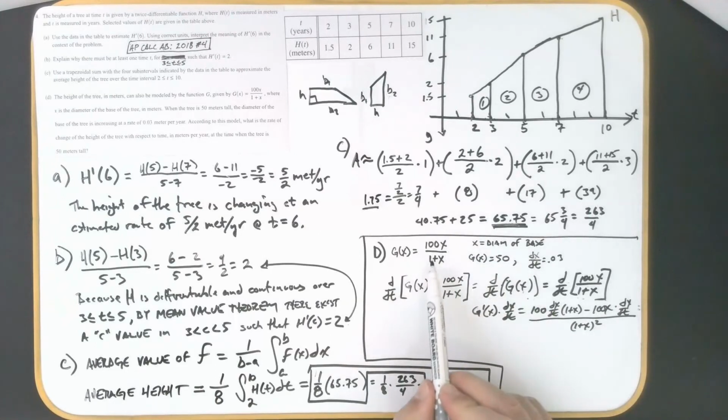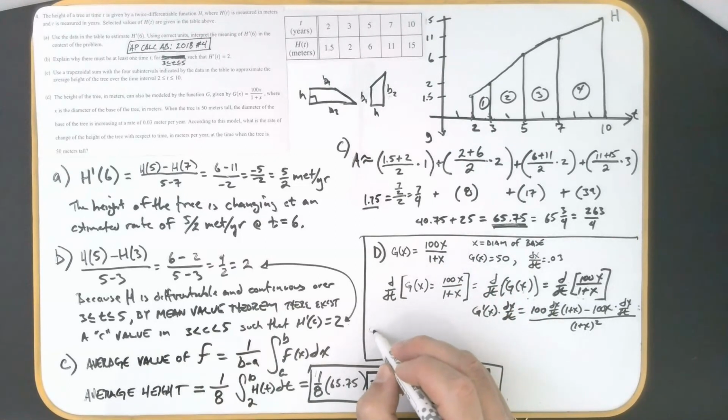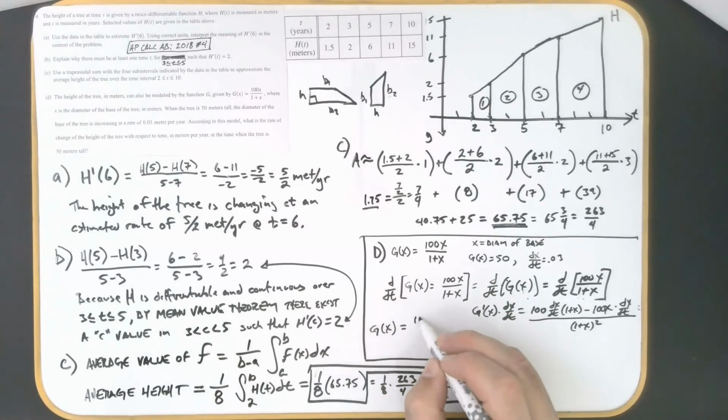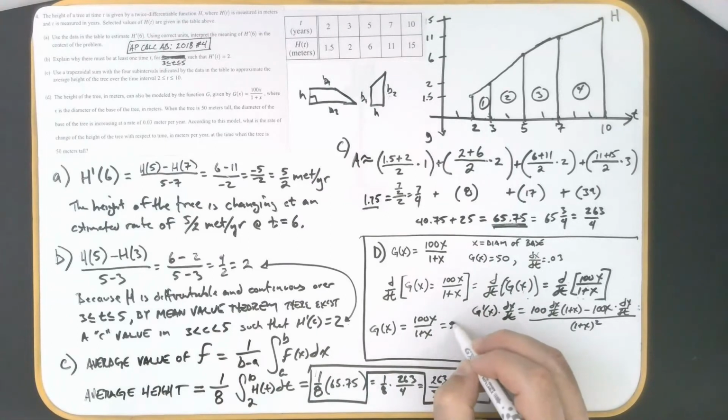Remember, this is the height of the tree with respect to the diameter of the base. What you had to do was solve for x. So what I'm going to do is say, if g of x is equal to 100x over 1 plus x, they're telling us that the height of the tree is 50.